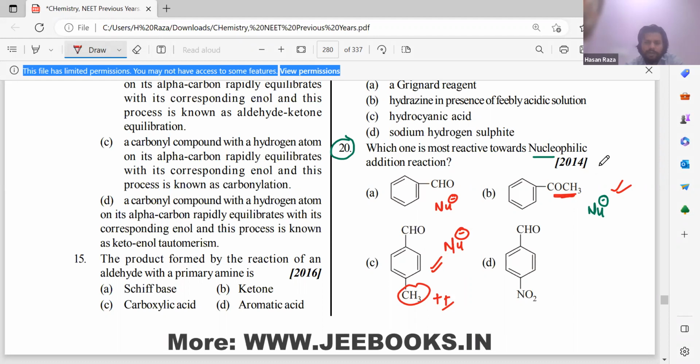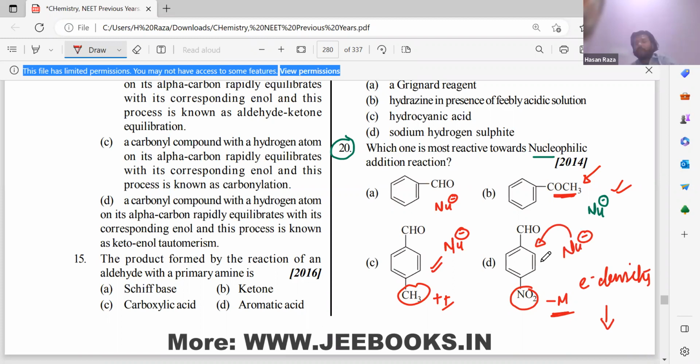In nucleophilic addition, this is lowest because an alkyl group, a bulky group, is there. So the only group left, you can see, is NO2, which shows minus M and decreases electron density, and hence the nucleophile can easily attack on this. Because there is deficiency of electrons here due to this NO2, the answer is D. Is that clear?